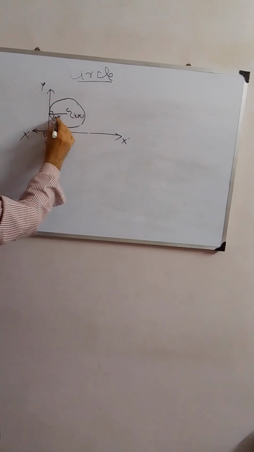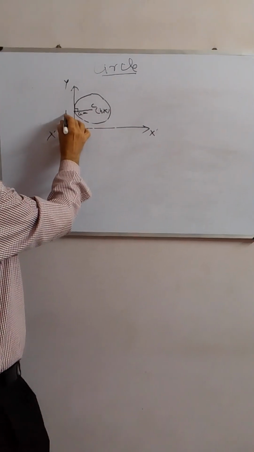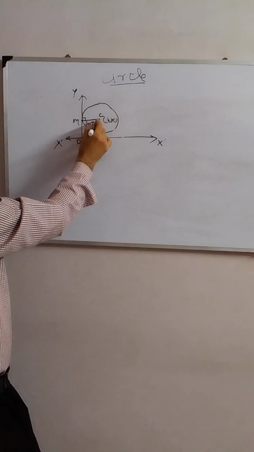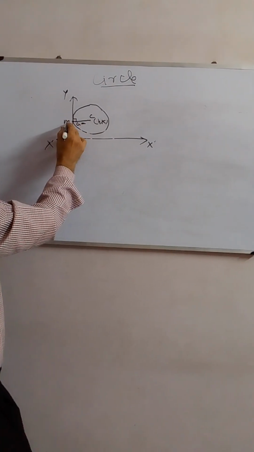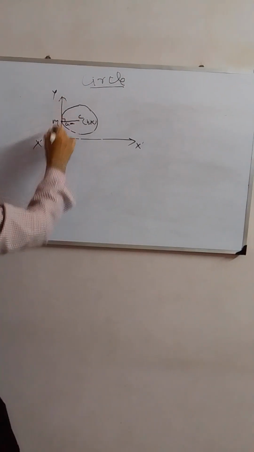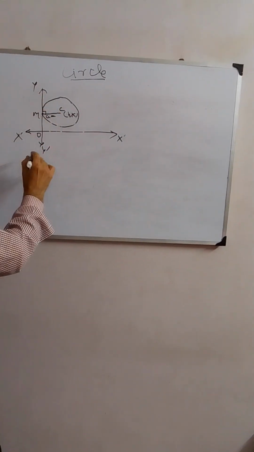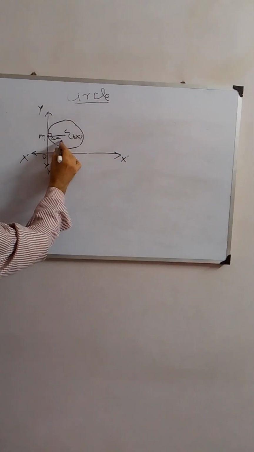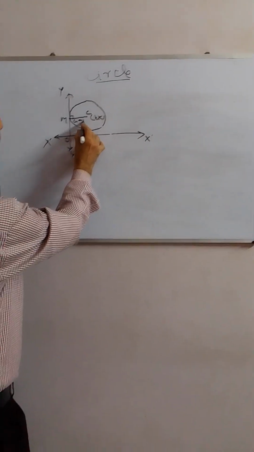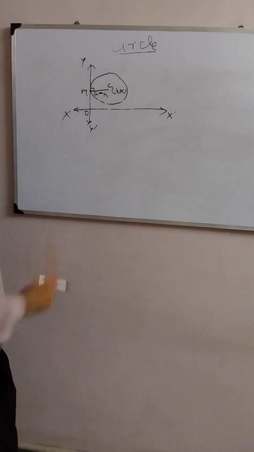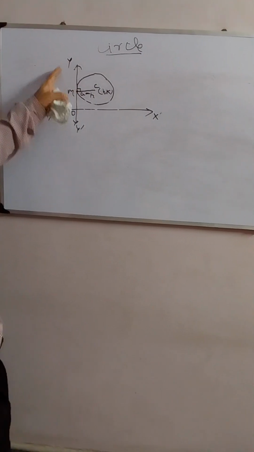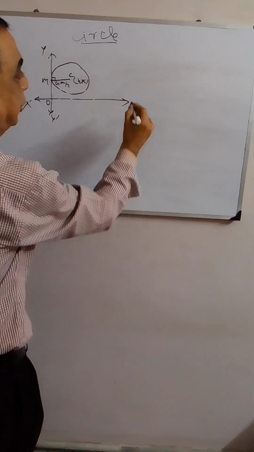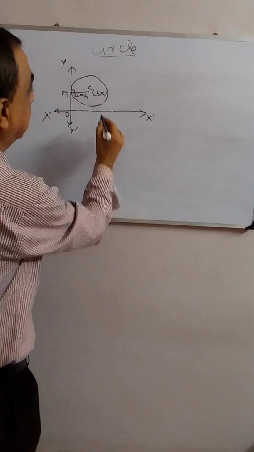So suppose this is CM, where M is the point of contact of the circle with the y-axis. So CM will be the radius, and CM will be equal to h, the x-coordinate, because the distance of any point from the y-axis is the x-coordinate. So a is equal to h. So the equation of the circle will be what?